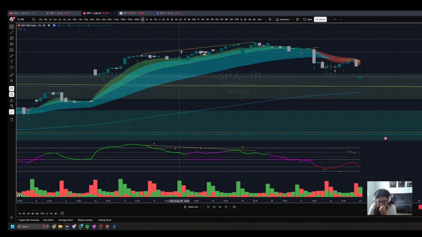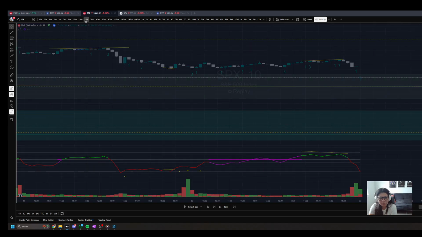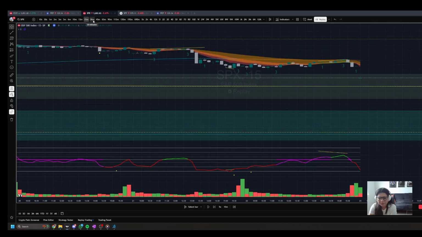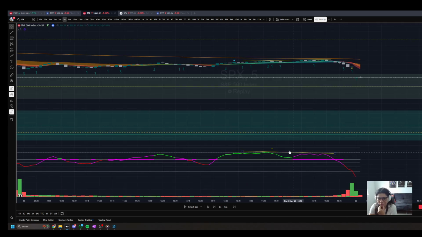So like I said, as you're doing this throughout the day, look at the context of the other time frames. Are they also towards the top if you're looking to go short? Because that'll have a higher probability of turning into a trade.